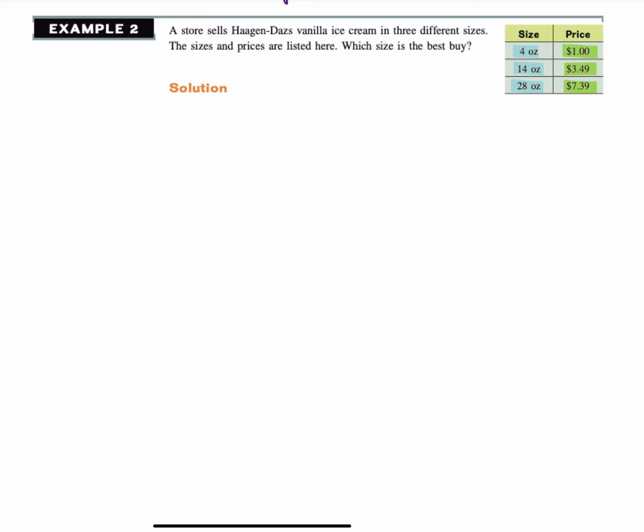Another way to say that is which one has the best price per ounce, per unit. So let's find that out. That can be the first question that we ask. What is the price per ounce for each size?